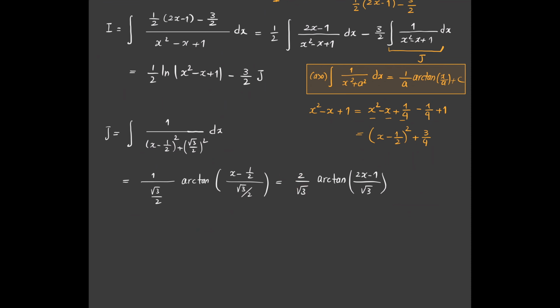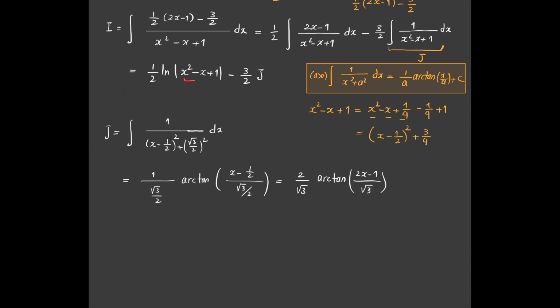And by the way, x squared minus x plus 1 is always a positive number, yes, because the discriminant of this is negative, so this parabola does not intersect the x-axis at all, and because this is positive, it has a minimum, so it is always above. So I really don't need to have any absolute value sign.